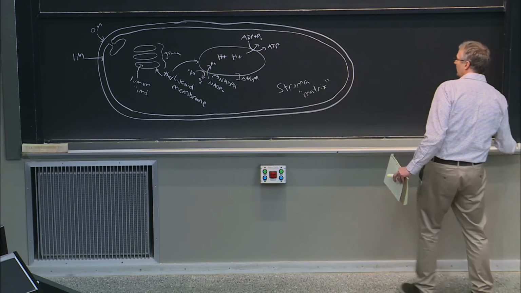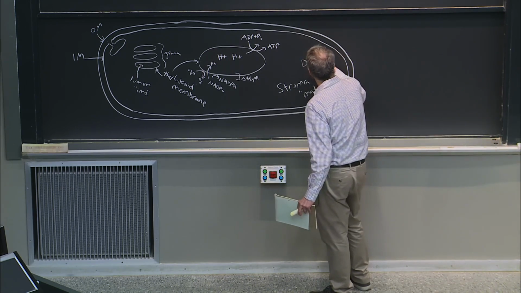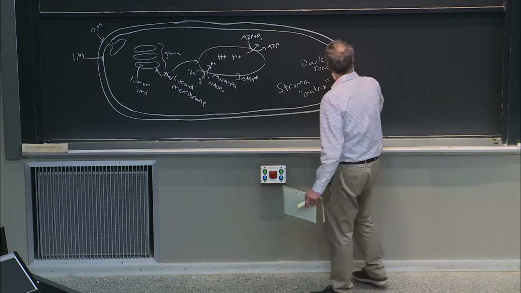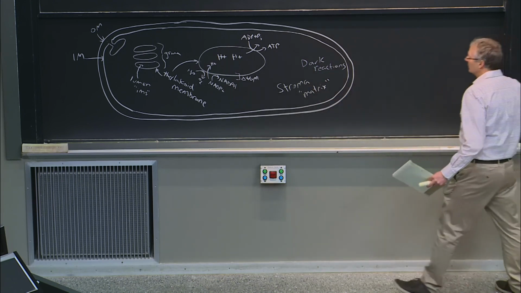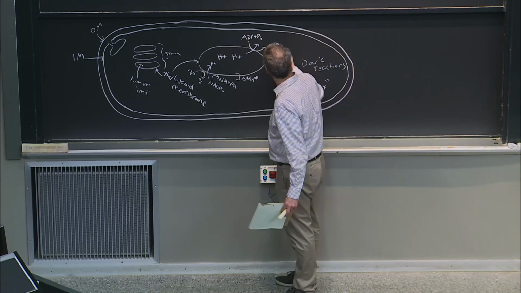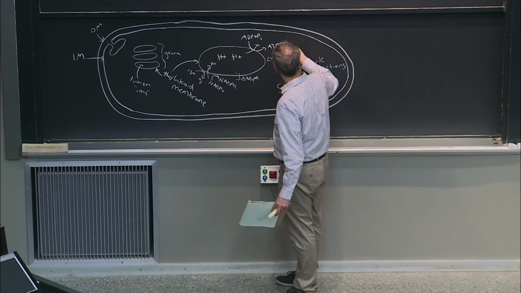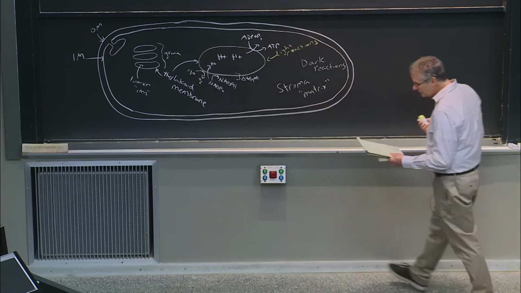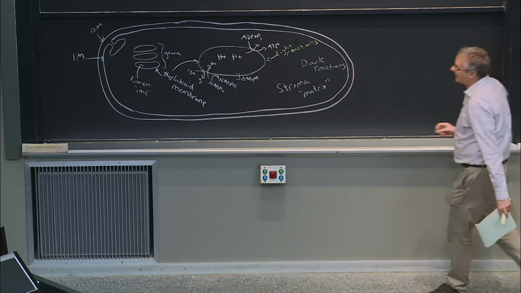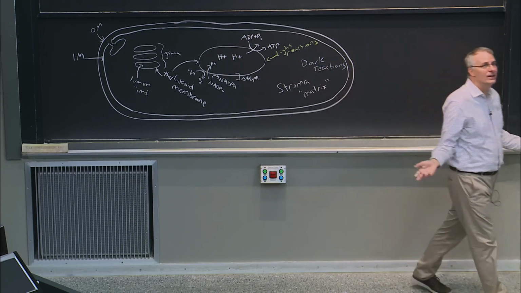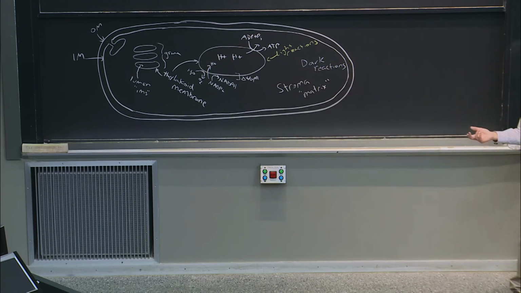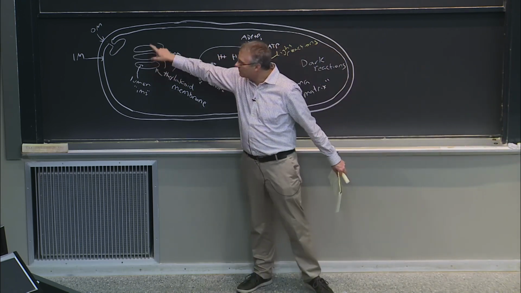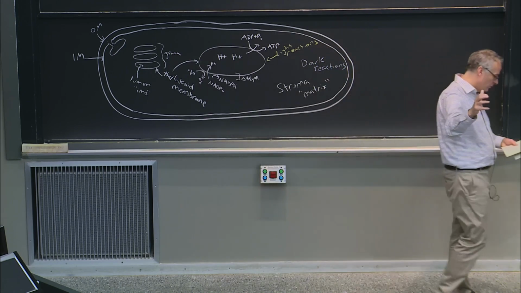And so it turns out the dark reactions, when we talk about them later, will occur here in the stroma of the chloroplast. And the light reactions, of course, are happening over here at the thylakoid membrane. Now, this is actually a cool innovation that nature has come up with. By making these extreme cristae, you can imagine that there's a very small space here that you're pumping protons into.